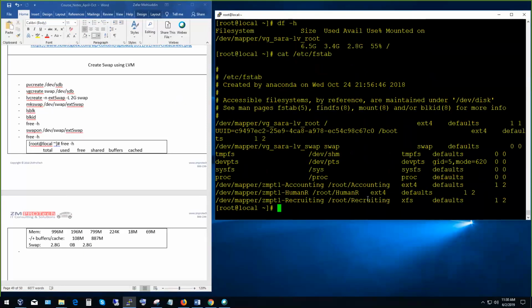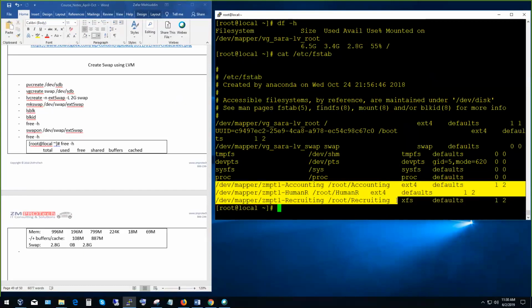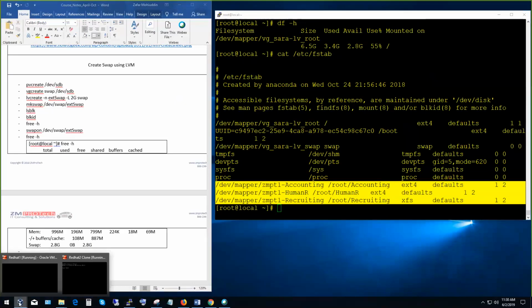We have so many mount points registered in fstab here. So can somebody tell me what will happen when we restart the system? Nothing is going to happen because these will be ignored. Okay. All right, let's try it out and see what happens then.